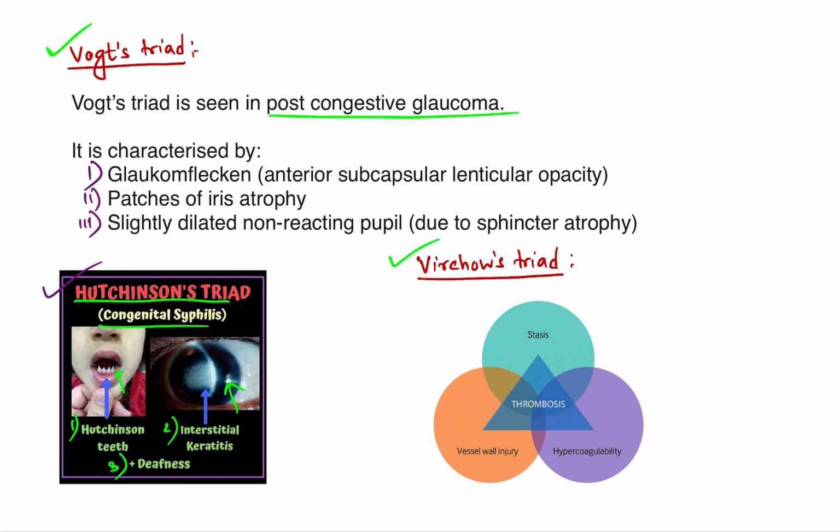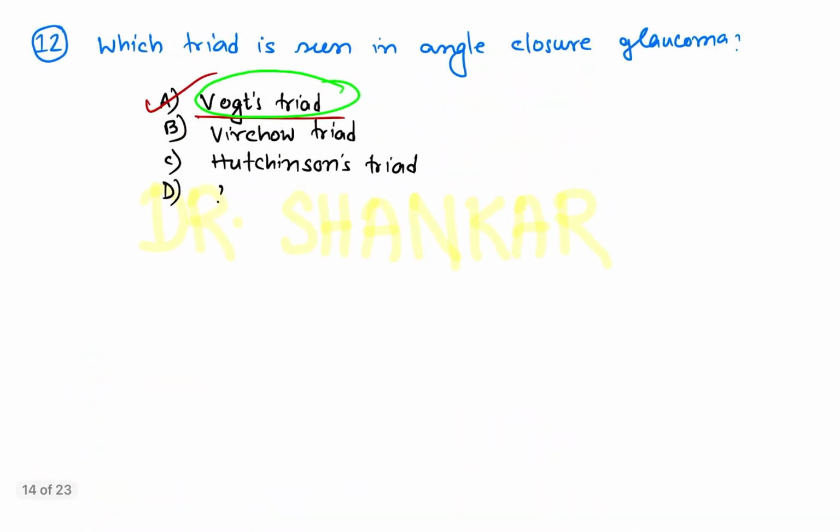And what is Virchow's triad? Virchow's triad is the triad for thrombosis, consisting of first of all endothelial cell or vessel wall injury, number 2, stasis of blood, number 3, hypercoagulability. So this is Virchow's triad for thrombosis. So Vogt triad is seen in angle closure glaucoma.